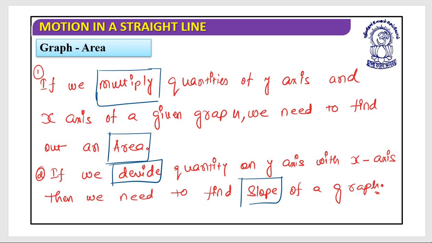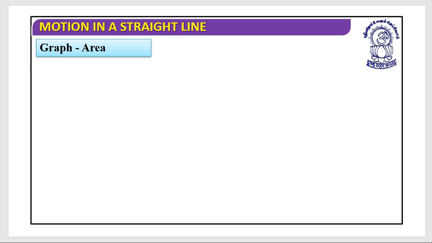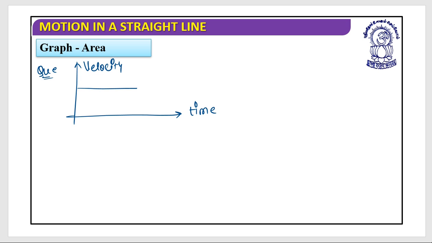Are you done with this? Are you sure? So let's jump to the numericals of this section. Suppose you have been given this question. This is velocity versus time; this is 5 seconds.